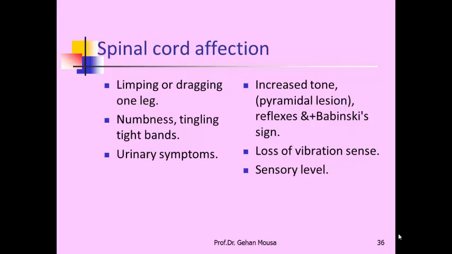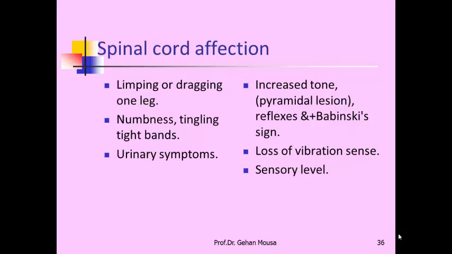Affection of the spinal cord depends on which column is affected in the white matter, and the symptoms occur according to the affected tract, whether sensory or ascending tract, or motor and descending tract.